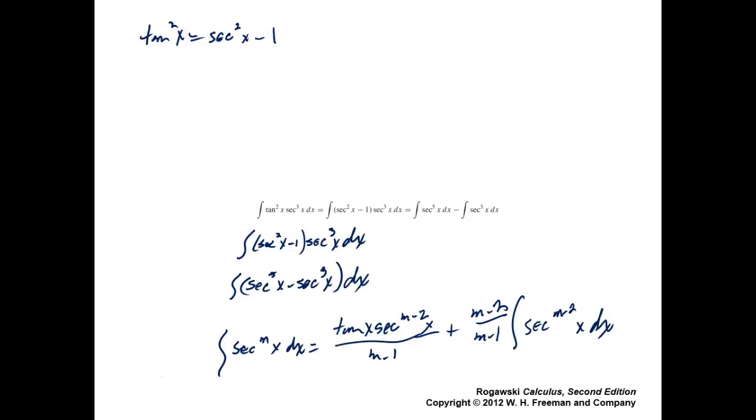You'll get an answer for secant cube. Then the secant fifth, when you go to do that, you're going to wind up with an integral for secant cube again. And you've already got your secant cube, so you plug that in. You just keep feeding it back in where it needs to be, and ultimately you'll get to your answer.